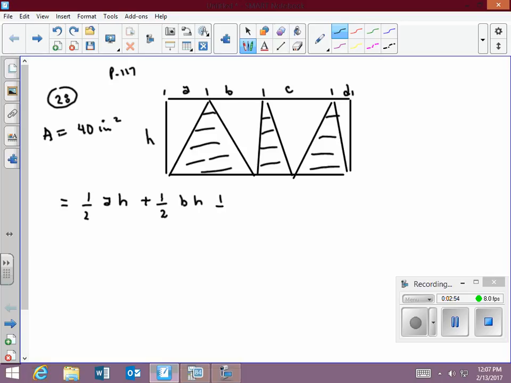And then the next one is 1/2 C times H. D times H. Okay, that has a common factor of 1/2 H, right?